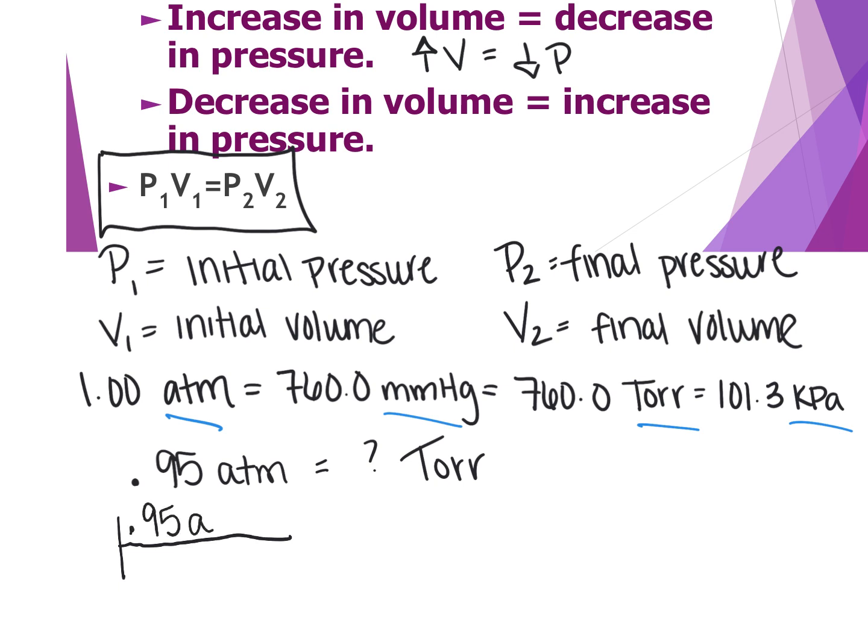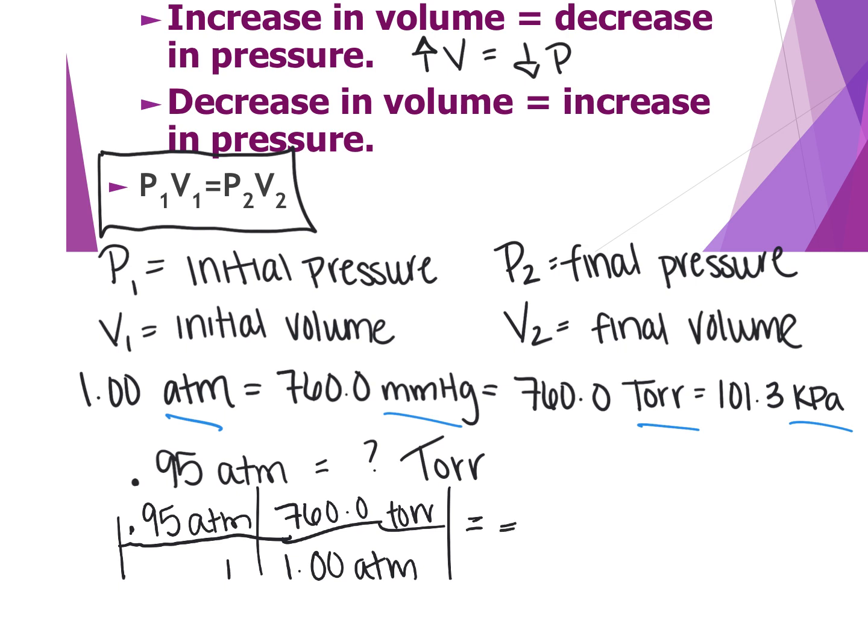So 0.95 atmospheres is our starting box. And then we just use that conversion. For every 1 atmosphere, how many torrs does that equal? Do you see how 1 atmosphere is equal to 760? So if you want to convert between atmospheres and torrs, you just multiply. You take 0.95 multiplied by 760, and that's how you could convert it into torrs.